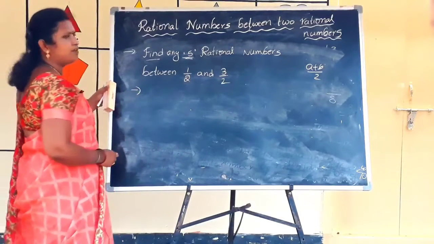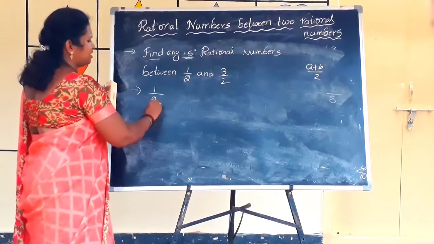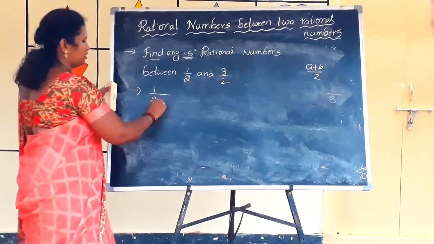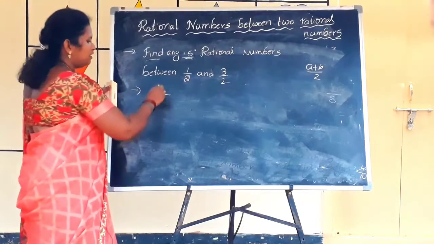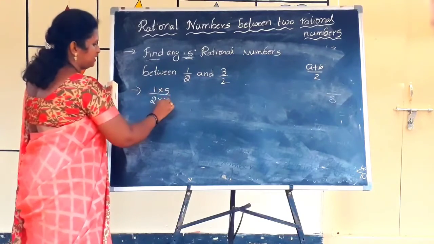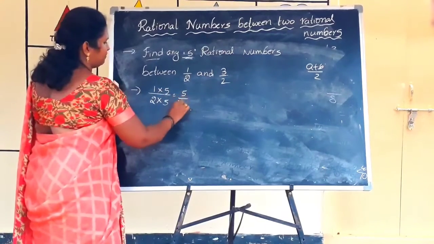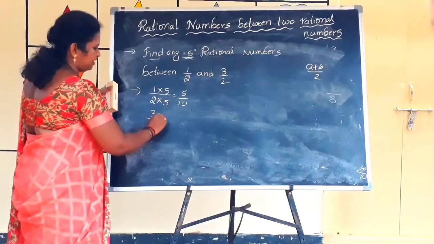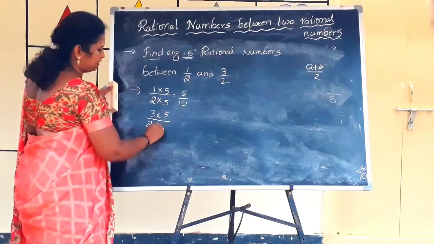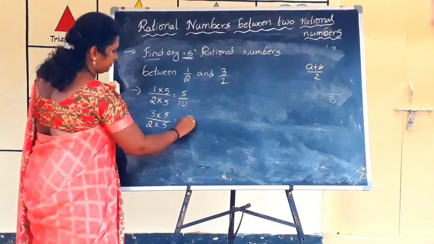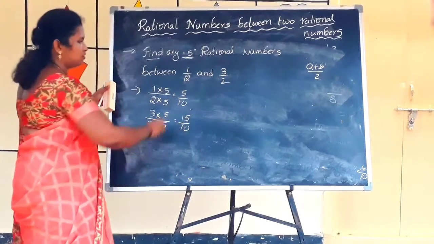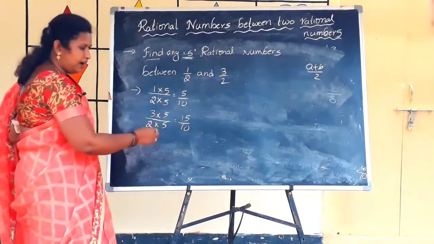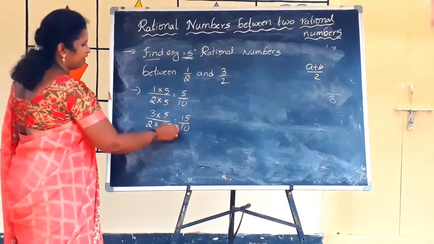Here I am multiplying and dividing both the numerator and denominator by 5, that is 5 by 10, and here also I am multiplying and dividing both the numerator and denominator by 5. This is 3 fives are 15 by 10. So the first number is 5 by 10 and the next number is 15 by 10.